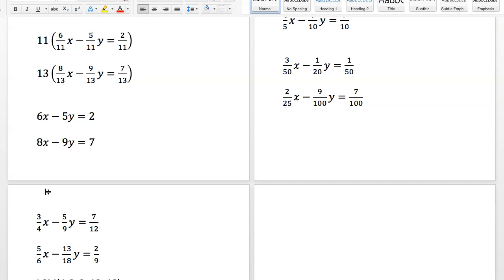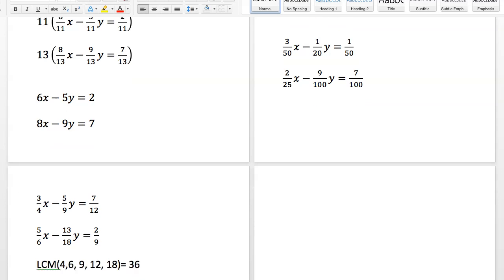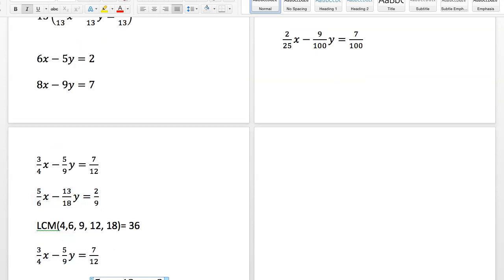Pick the biggest number, 18, and start finger counting. 12 won't go into 18, so they won't all go into 18. What about 36? 36 is looking pretty good, right? 18 times 2 is 36. 36 is your guy. So get everybody over 36.